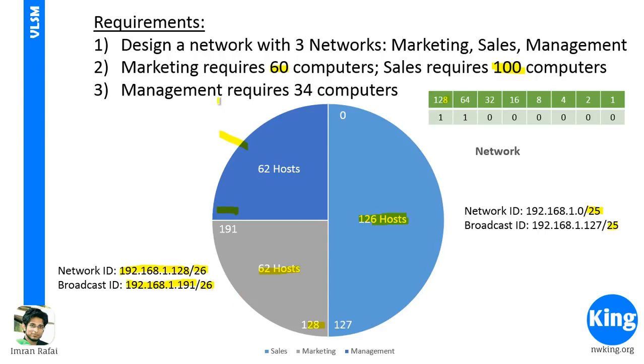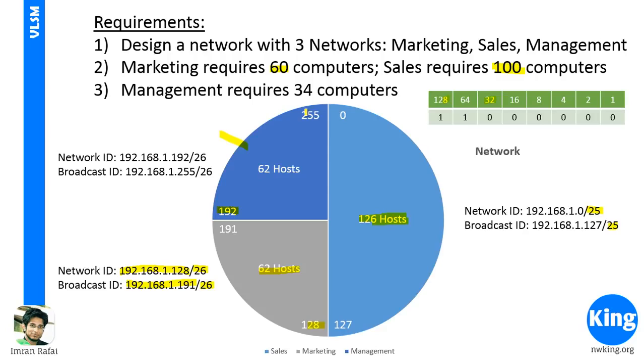Next, we go to the management department. So the management requires 34 computers. We can't borrow 3 bits, because in 3 bits we get only 30 valid hosts. If you see here, 32 minus 2, we need 34 hosts, so we leave it at 2 bits borrowing. And we know the next IP address is 192.168.1.192, and since it is 2-bit borrowing, it's a block size of 64.